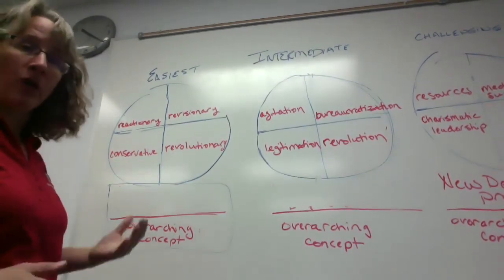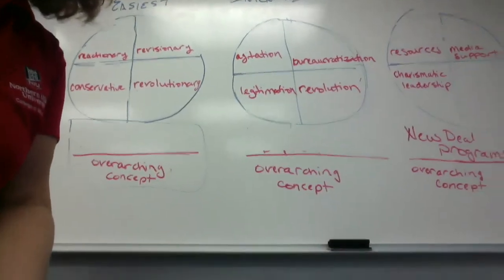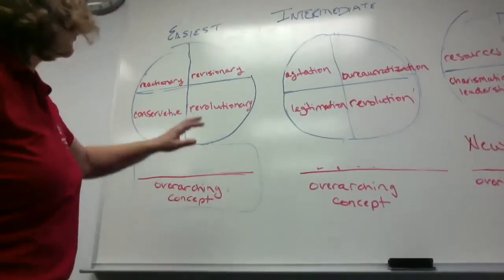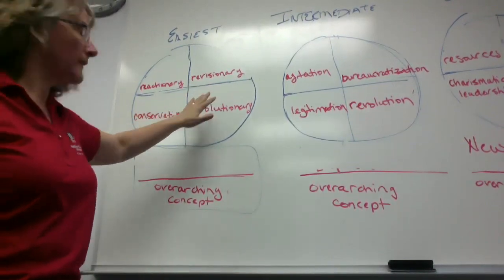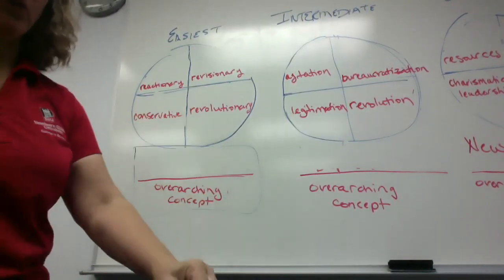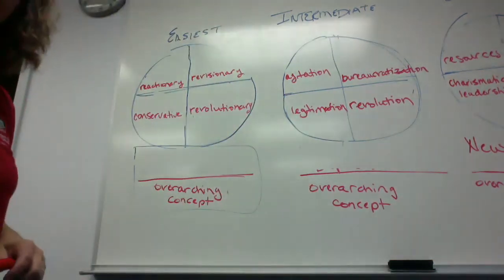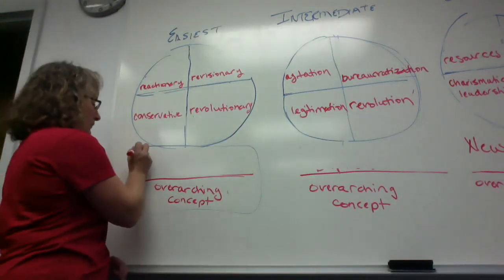And in easiest, all we're trying to do is find the overarching concept. So we have reactionary, revisionary, conservative, and revolutionary. So we're looking for the overarching concept for all four categories, and these are types of social movements.